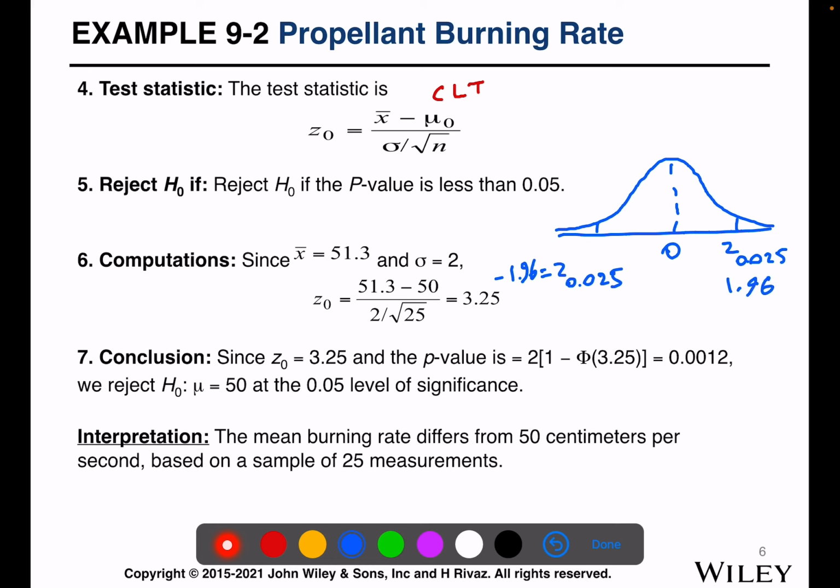This is from the table. Because we have used this number a lot, hopefully now you have memorized it, but you don't need to. 1.96 is for a 5% confidence interval, two-sided, right? So this number comes from the table, 1.96.